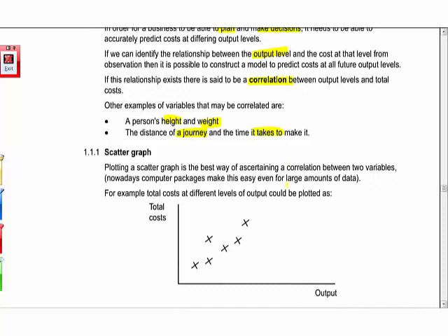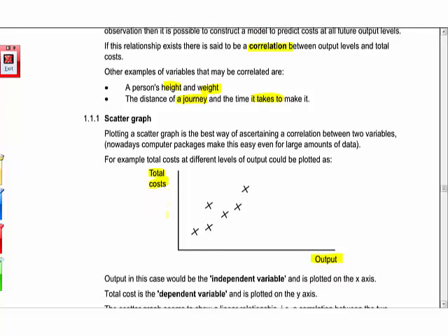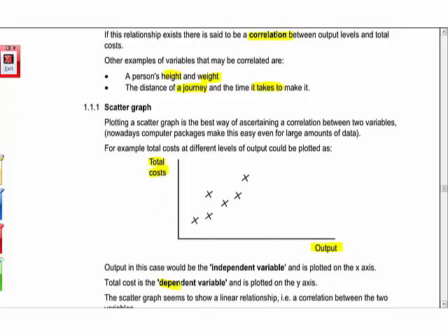One of the ways of ascertaining the amount of correlation then is to draw a scatter graph. So you plot all of the costs and all of the outputs on a graph. And you can see here from looking at this scatter graph that there is some relationship. The more the units produced, the higher the costs. Here then, costs are the dependent variable because they're said to depend upon output, which is the independent variable.